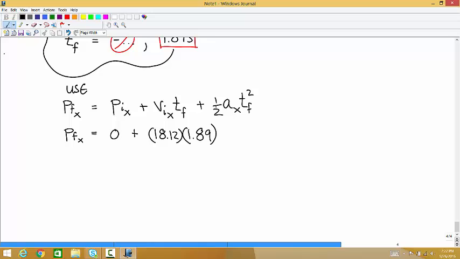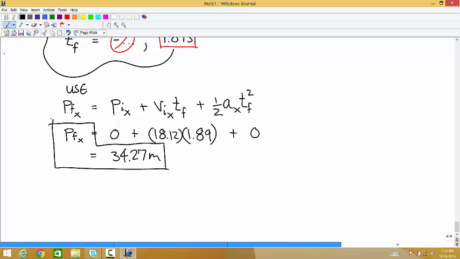And what's the x component of the acceleration? Right, the only non-zero component of the acceleration is the y component. So this term is all equal to 0. And so you get that PFX is equal to 34.27 meters. So the ball hits the ground 34.27 meters away horizontally.